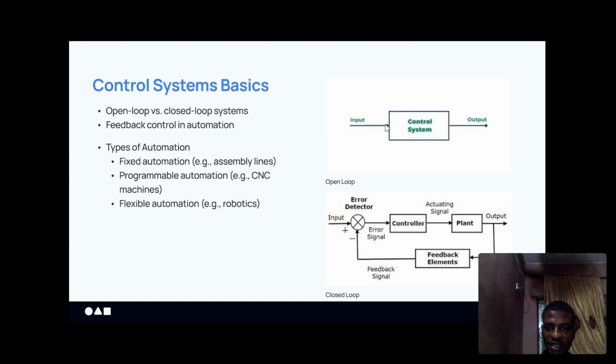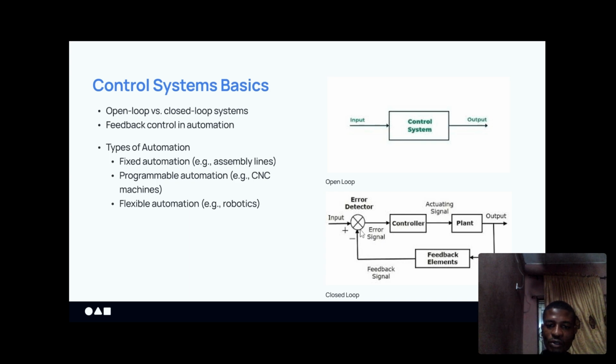You can see the top image is speaking to the control system that is open loop, that's not closed loop. This type of control system is just input and output. You feed in an input and then the controller gives you an output.